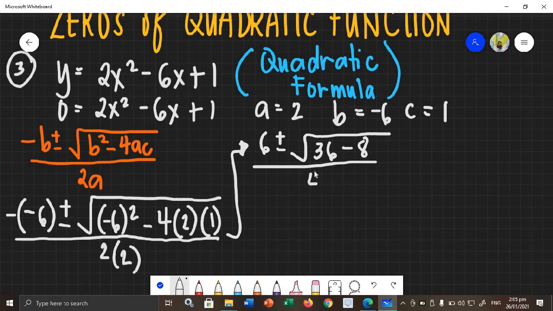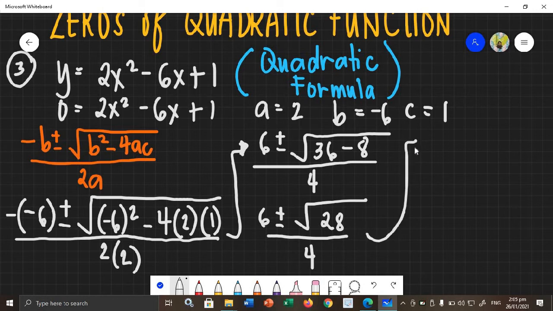Over 2 times 2, that is equal to 4. Okay? Then next 6, positive negative, square root of 36 minus 8, that is equal to 28, diba? Over 4.